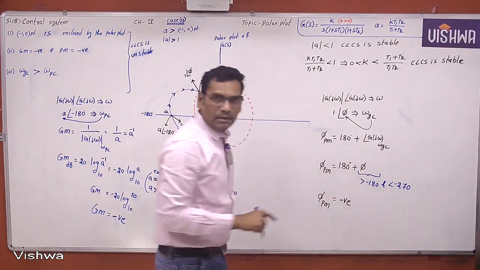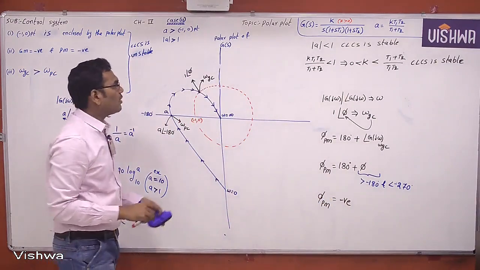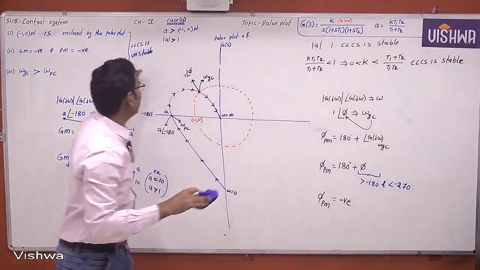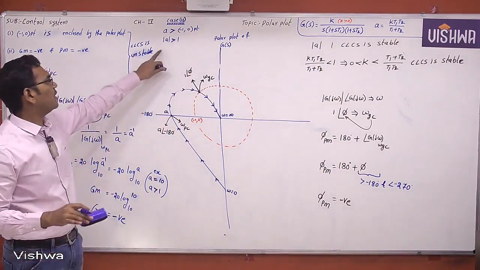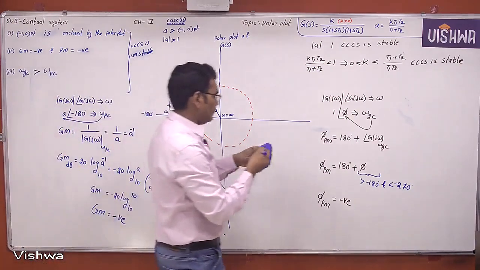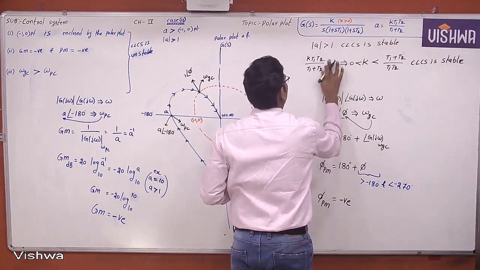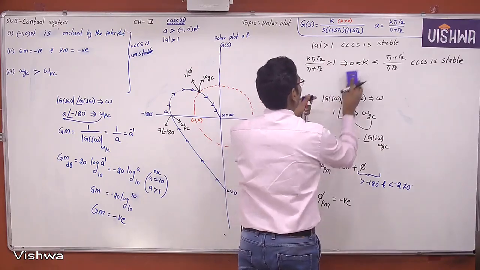Okay, can you identify the relation here? Now when the magnitude of A, when all these relations are satisfied, A is greater than 1. What is A? A means K into T1 T2 is greater than 1.